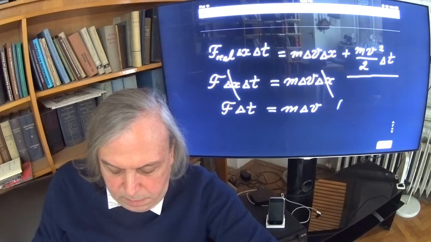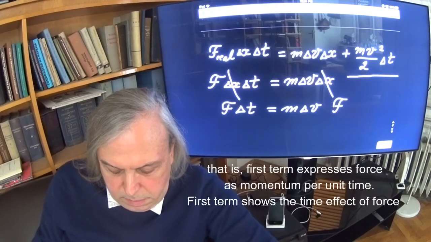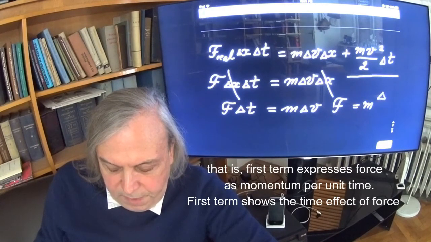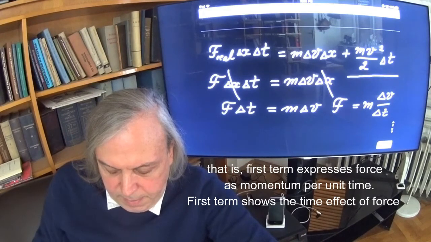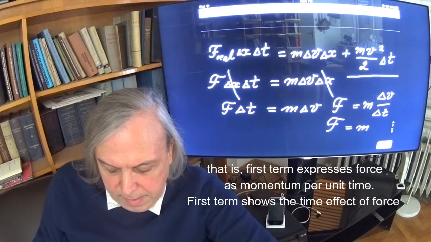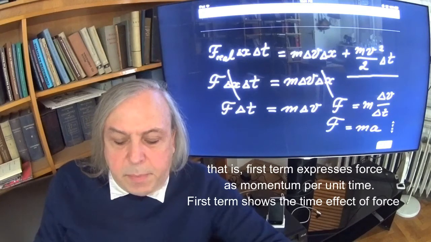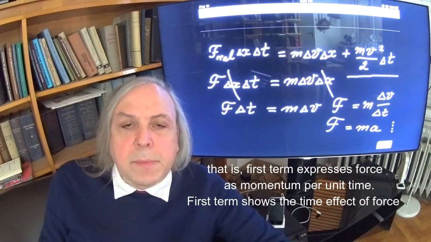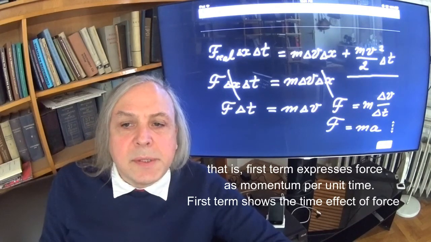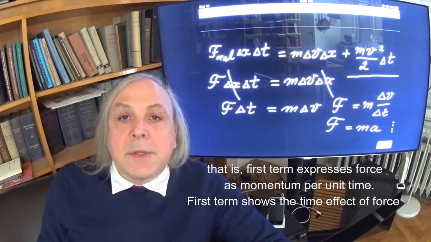Indeed, F equals m delta v over delta t, which is F equals ma. This part, the first term, expresses the effect of force in time.